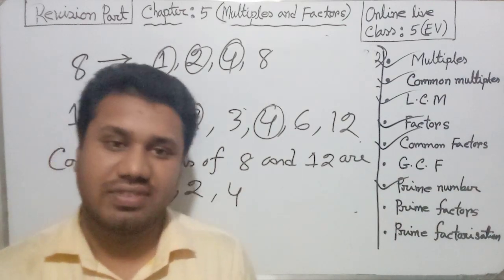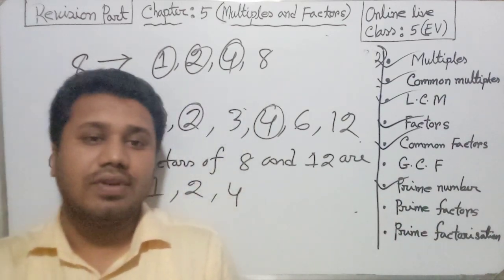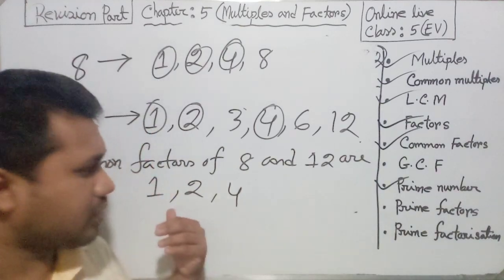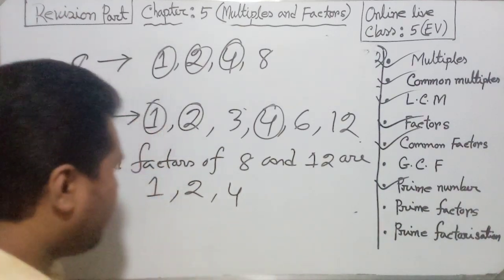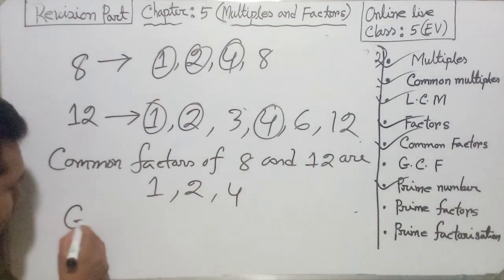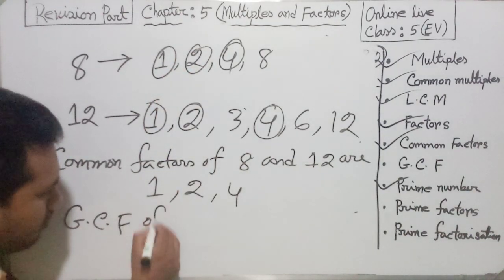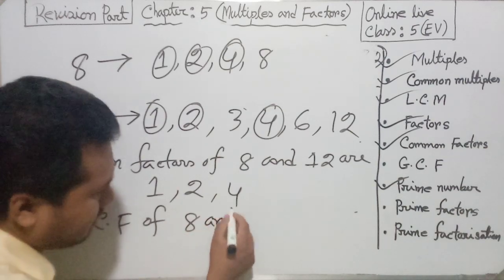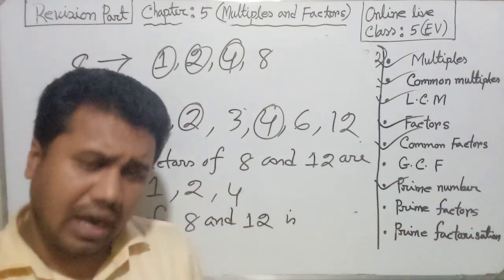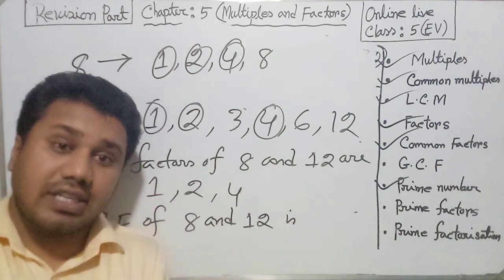Now GCF. The full form of GCF is greatest common factor. Now if we ask what is the GCF of 8 and 12? Our definition says greatest common factor.